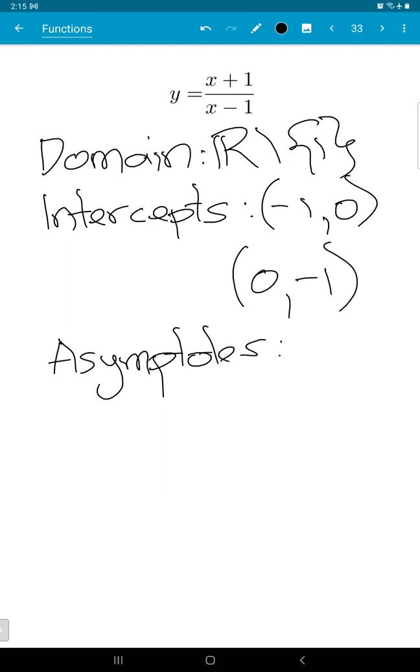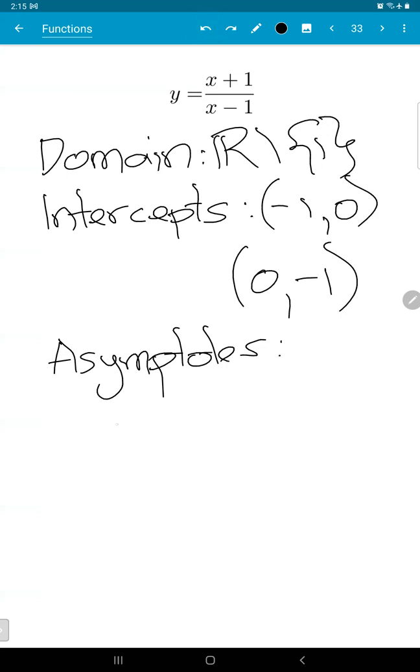There's at most one horizontal asymptote, but there could be many vertical asymptotes. But instead of separating, let's just enumerate all the asymptotes.